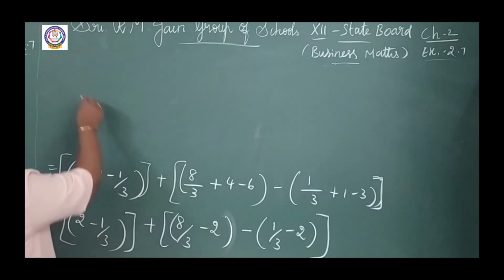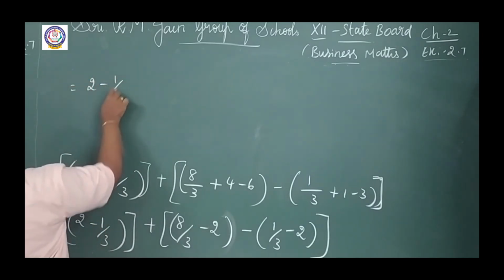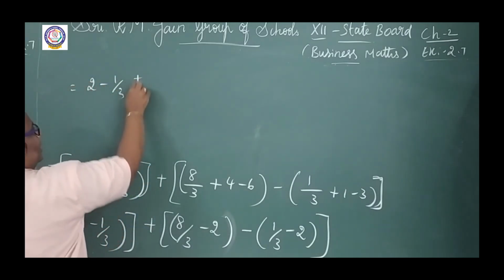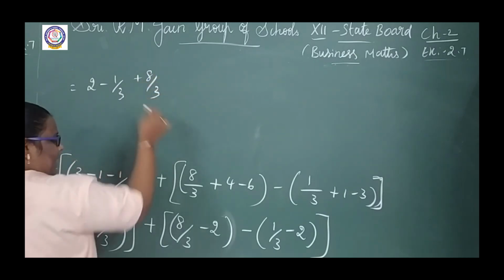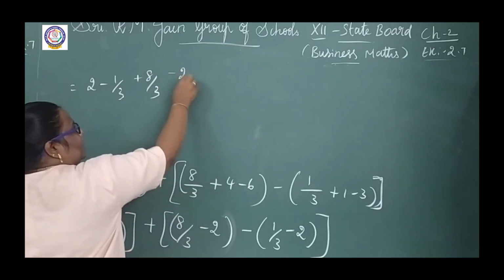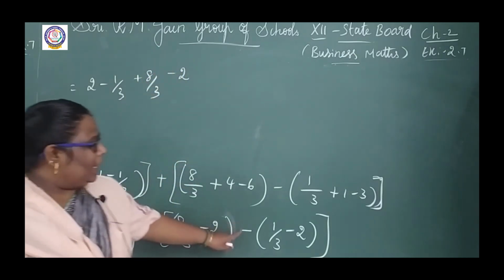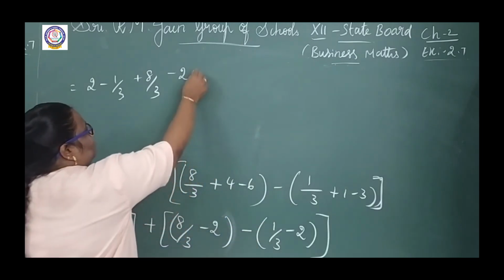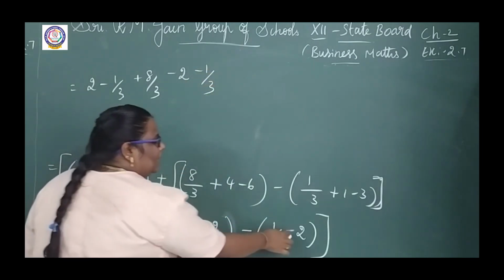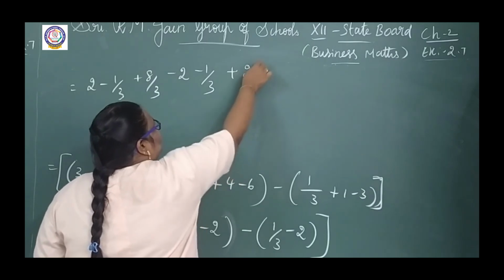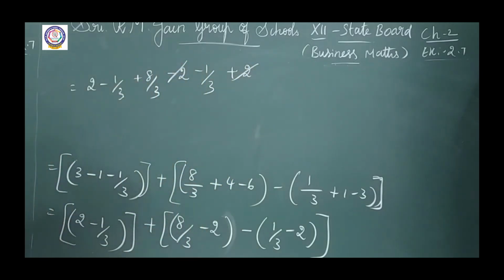See here, 2 minus 1 by 3 plus 8 by 3 minus 2, minus into minus 1 by 3, minus into minus gives plus, so plus 2 minus 2 get cancelled.